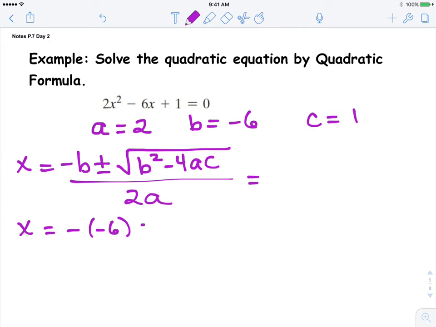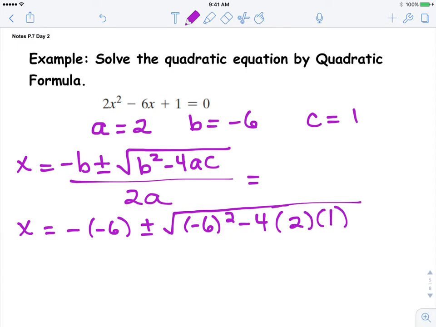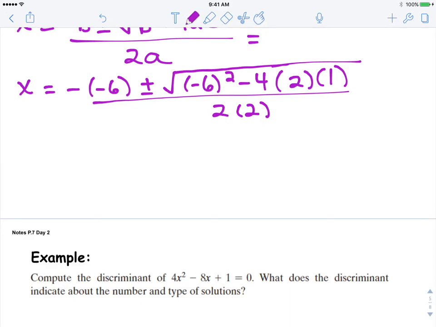So negative b plus or minus the square root of b squared minus 4ac all over 2a. Simplify.